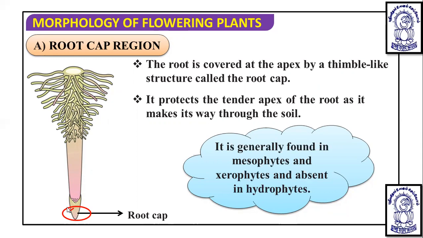These are water-loving plants, so there is no need of a root cap. If they want to pass through some hard region, then there is a need of a root cap.